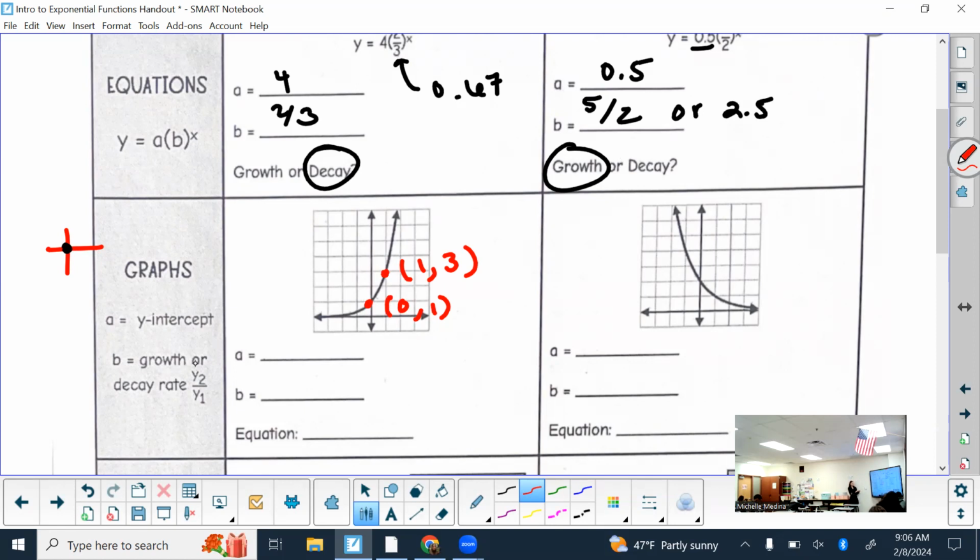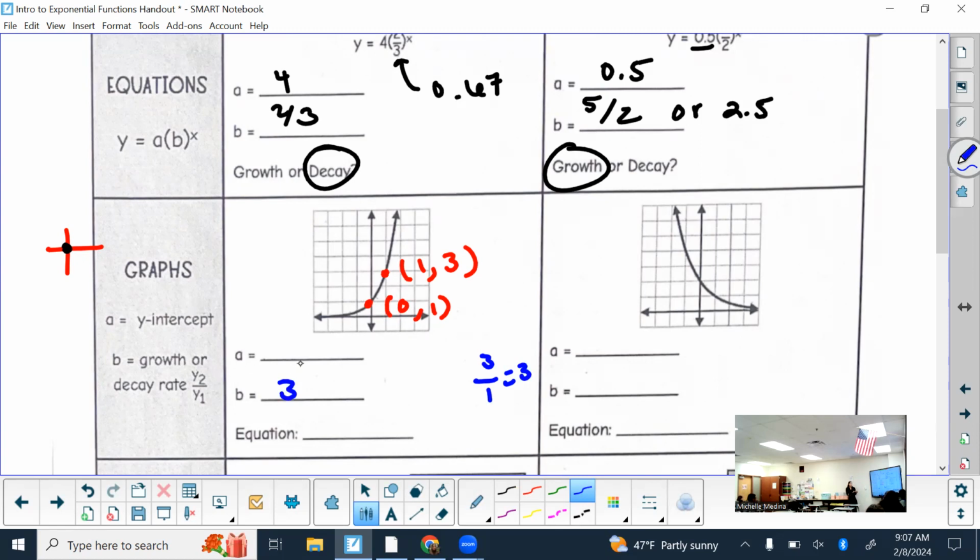And you can figure out what your common factor is, what your B is, by taking a y value and dividing it by its previous y value. So like 3 divided by 1 is what? 3. So for this one, my common factor is 3.